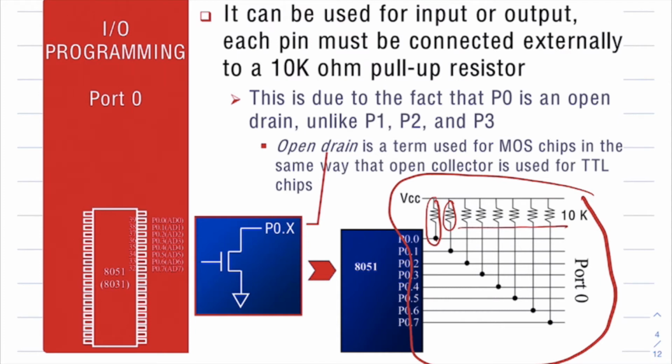Why it is to be pulled up is because of the circuit structure. This 8051 port 0 has an open drain structure, and because of that we will require this to be connected to a pull-up resistor to function properly. So this is the case of port 0.